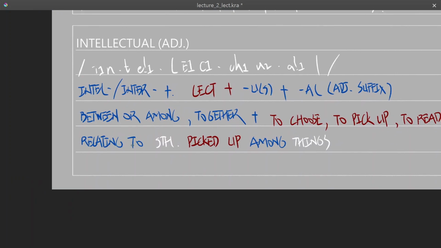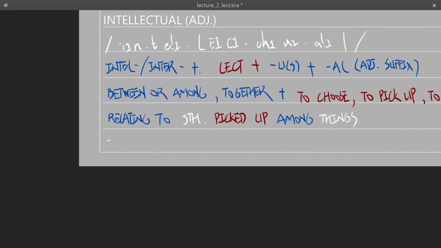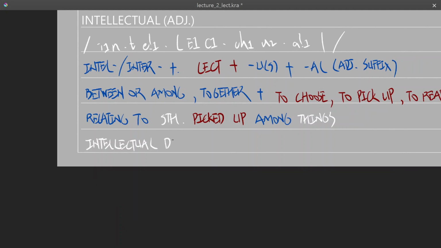So for a common collocation, we have intellectual development.